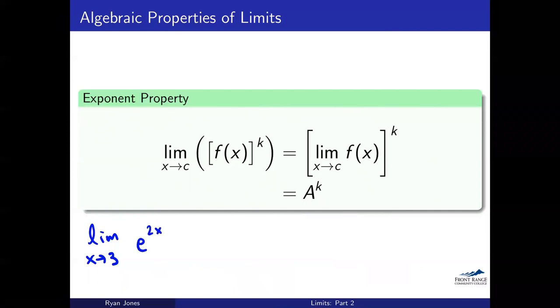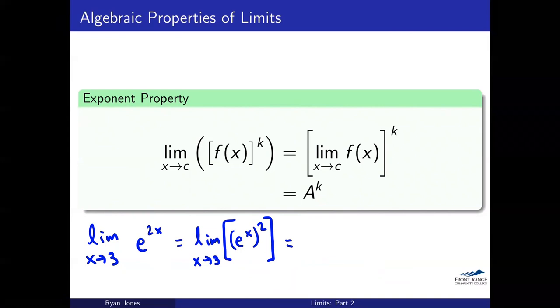What you could recognize here is that you could rewrite this as e to the x squared. And then let me be very redundant and put even more parentheses and brackets just to make it very clear that the e to the x that's being squared is all in this limit.